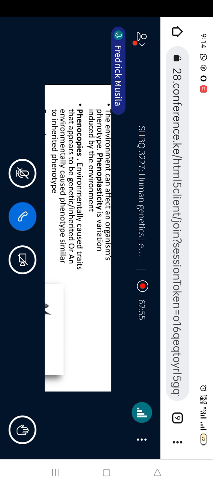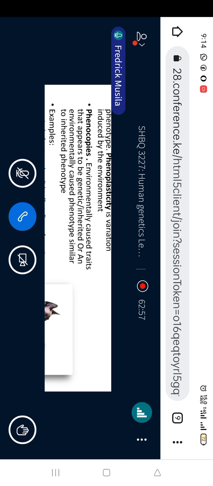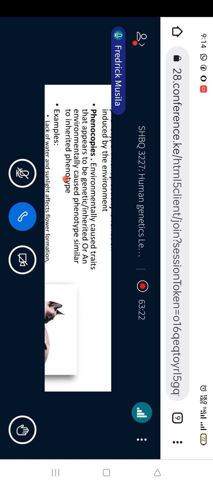So environment can affect organism phenotype, and we use the term phenotypic plasticity, which is a variation introduced by the environment. So you hear people talk about phenocopies. These are environmentally caused traits that appear to be genetic, or inherited, but in a real sense they don't have any genetic basis. It's just due to the environment.